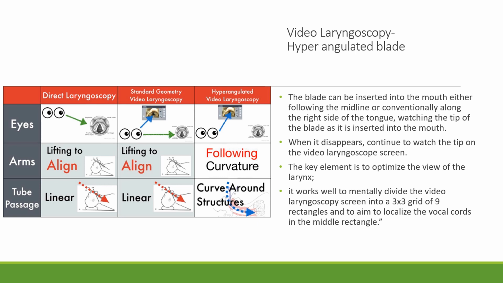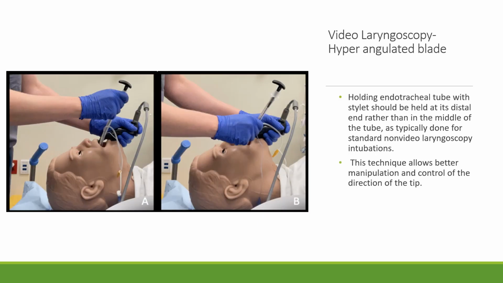With the King, as I showed you, if you put that right in the molecular, like a Mac blade goes, all of a sudden it lines up everything nice and easy. And if it has that channel in there, just put the tube down the channel and it goes right where it needs to go. How you hold the tube, instead of holding it in the middle like we do for standard intubations, you hold it at the very top.